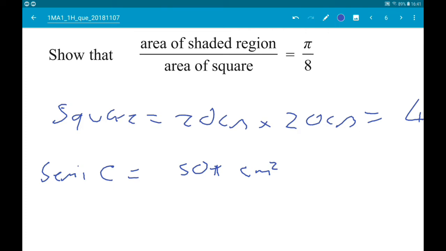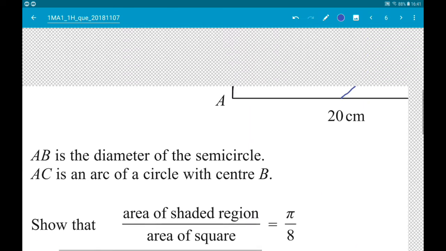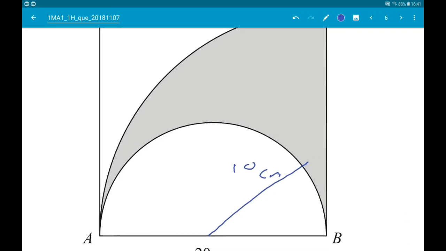Now to work out the quarter circle, now this guy has a radius of 20. So, again, area of a circle is pi r squared. So we're going to do pi times 20 squared divided by 4.